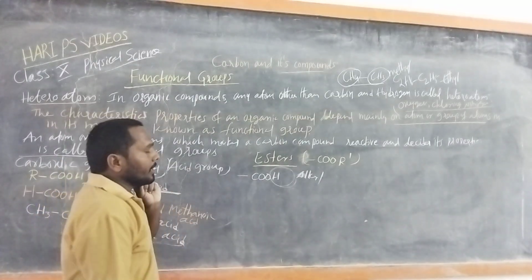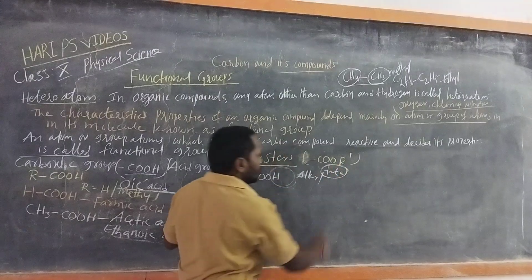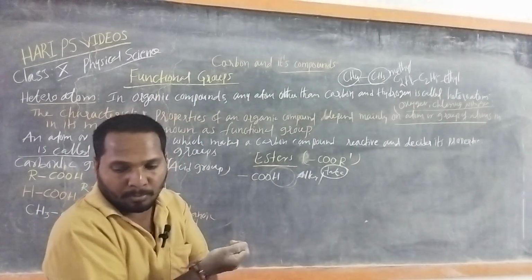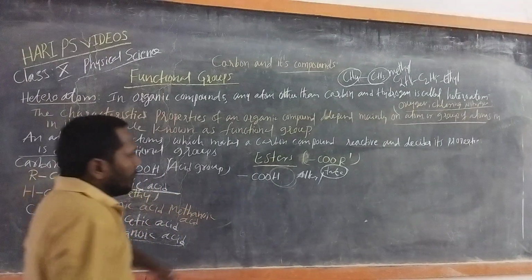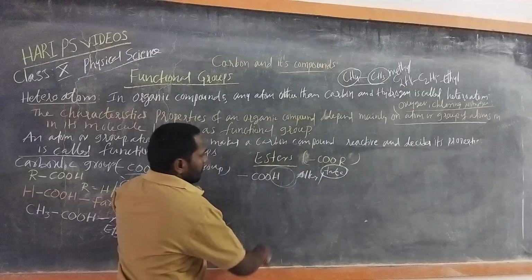So here we can add the suffix "-oate", as in acetate. You will learn more about this in higher studies. The general formula is COOR.